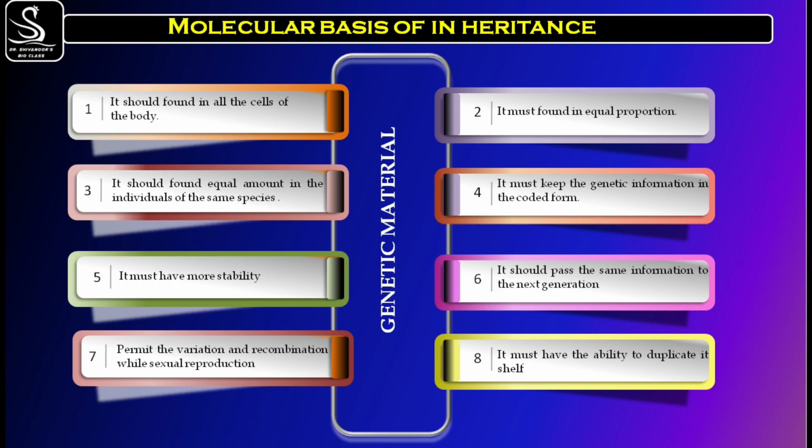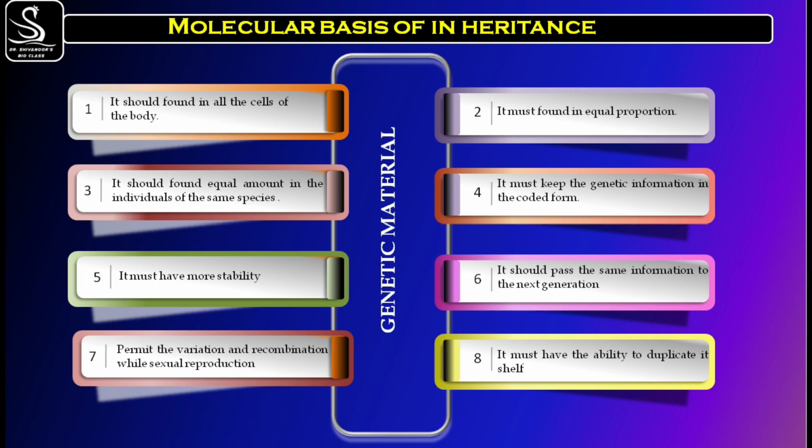So the last, very important property: it must have the ability to duplicate itself. Yes, DNA replication we are going to understand. Probably most of you might have already covered this topic. Have you gone through anywhere that protein gets duplicated by itself? No. But the DNA does.